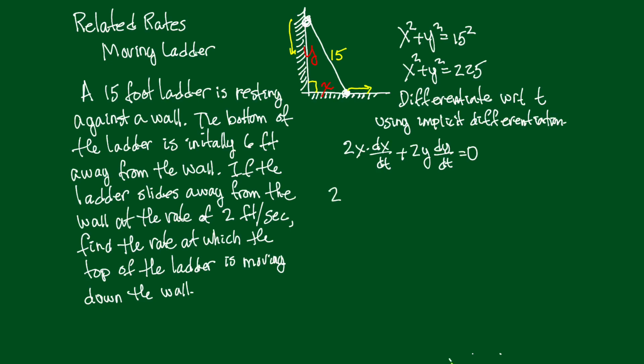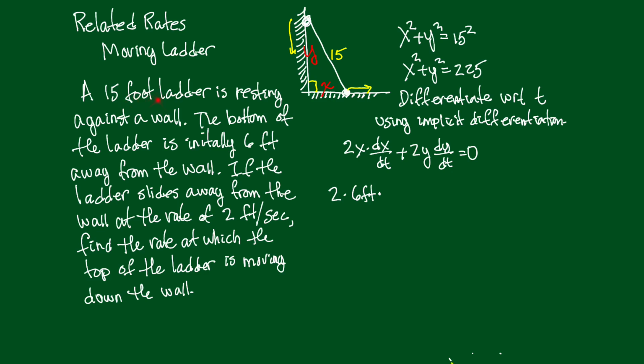Well, we have the 2, and then we have the x. Now here's what I know about the x, right? That's this x right here. So initially, that x is 6 feet from the wall, right? So x is 6 feet. So what I'm going to get here is 2 times 6 feet times dx/dt. Now what is dx/dt? We happen to know that.